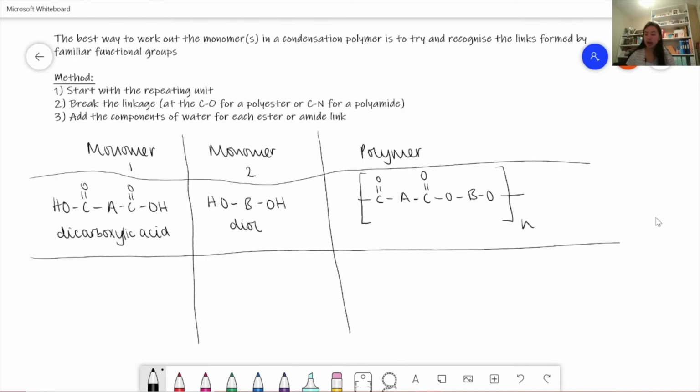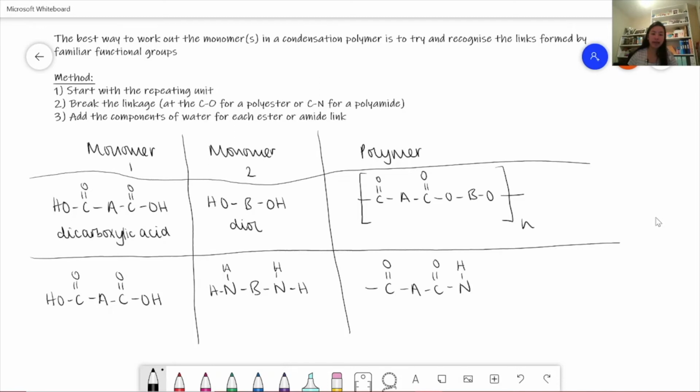And the second, we would have a dicarboxylic acid. And this time we'll add a diamine. And so we'll have NH2, and this will form this kind of polymer. So we have C double bond O, A, C double bond O, and then we have this amide link, and then B, and then NH.